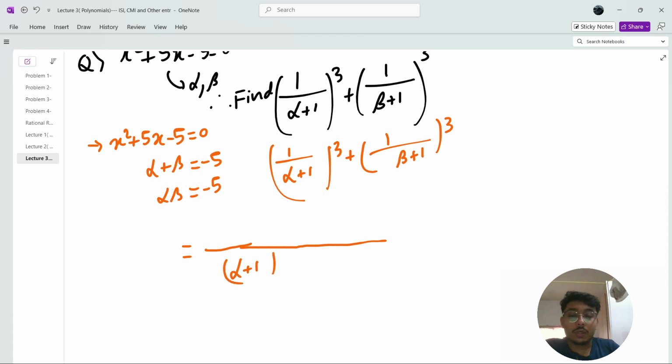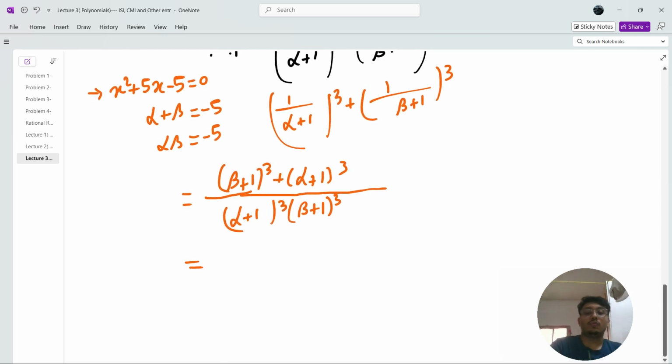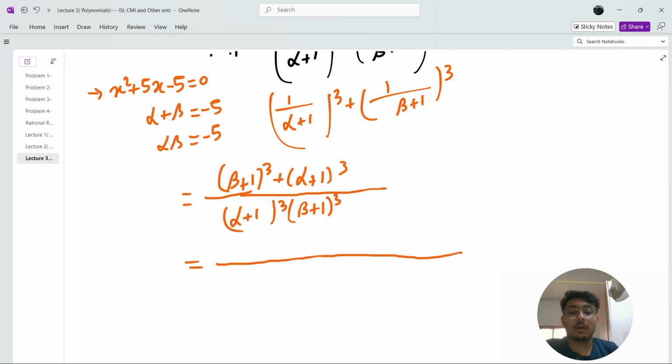Alpha plus 1 whole cube into beta plus 1 whole cube, and the numerator will be beta plus 1's whole cube plus alpha plus 1's whole cube. So we will be expanding the numerator. First of all, in my denominator, I can take the cube common, so we can write this as alpha plus 1 into beta plus 1, whole cube.